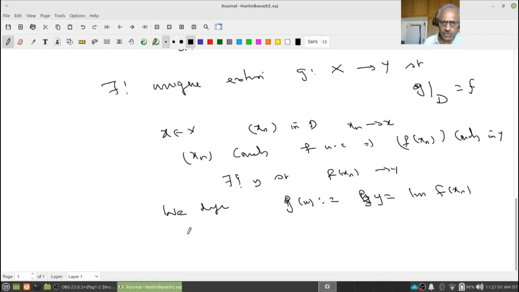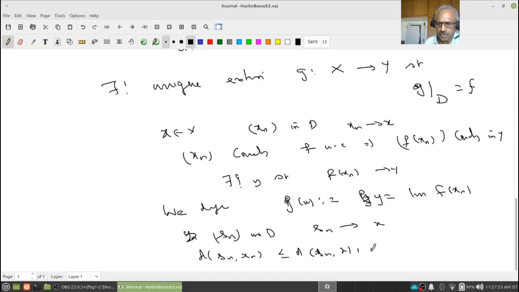Suppose there is another sequence, let us say sn in D, so that sn also converges to x. Then notice that the distance between sn and xn will be less than or equal to the distance between sn and x plus the distance between x and xn.